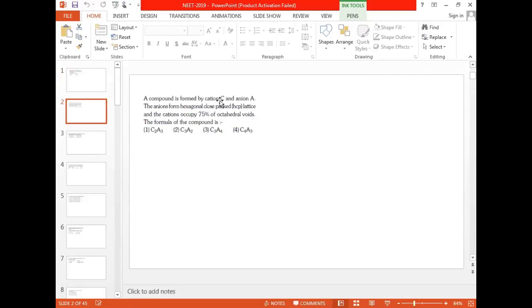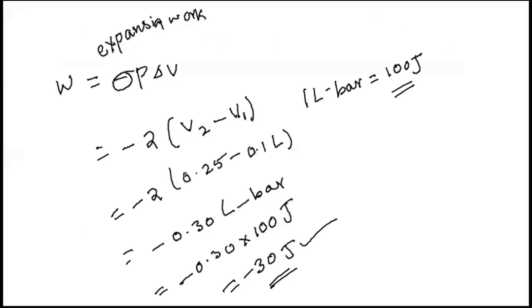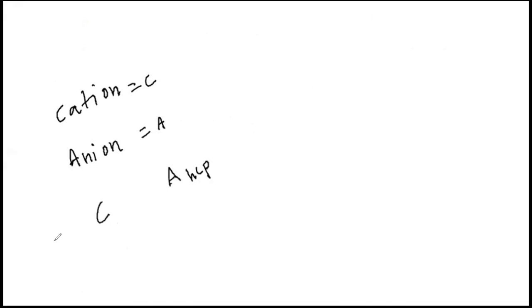Now you see this one. They are giving the cation as C and the anion as A. The anion is going to occupy the HCP lattice, and the cation C is going to occupy 75% of octahedral voids.